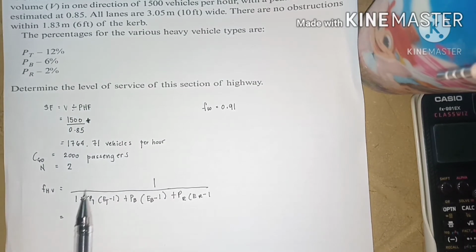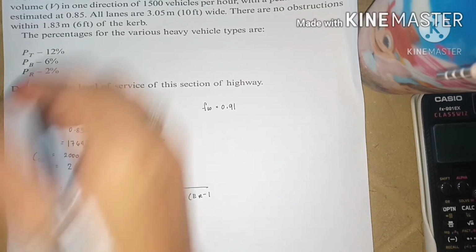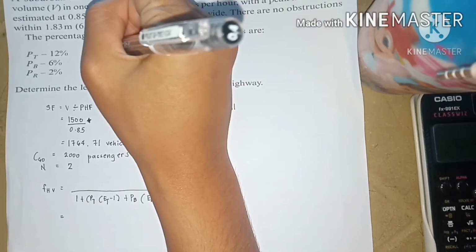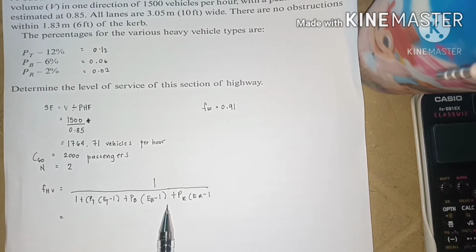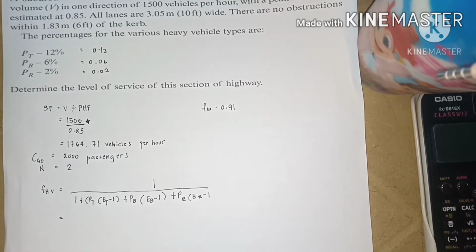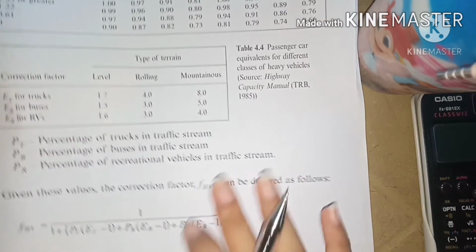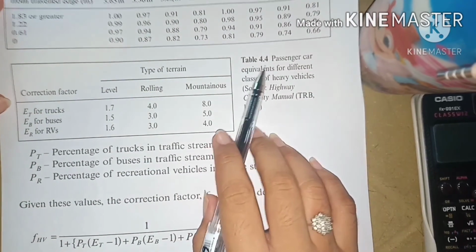Makikita natin na may PT, PB, at PR na tayong given, so convert na lang natin siya sa decimal form. Dito naman sa ET, EB, and ER, we can proceed to table 4.4.